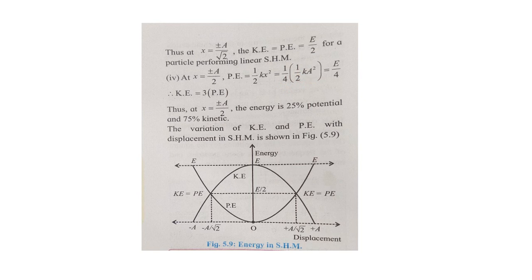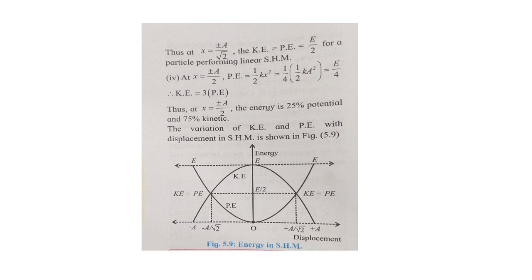We will get here E upon 4. That means the kinetic energy is 3 times the potential energy. Thus at x equals plus or minus a upon 2, the energy is 25% potential and 75% kinetic.